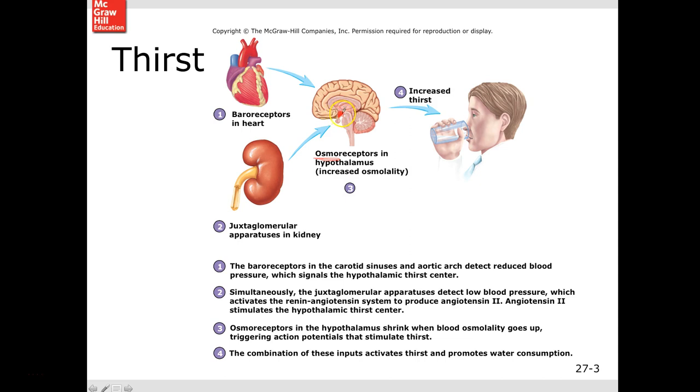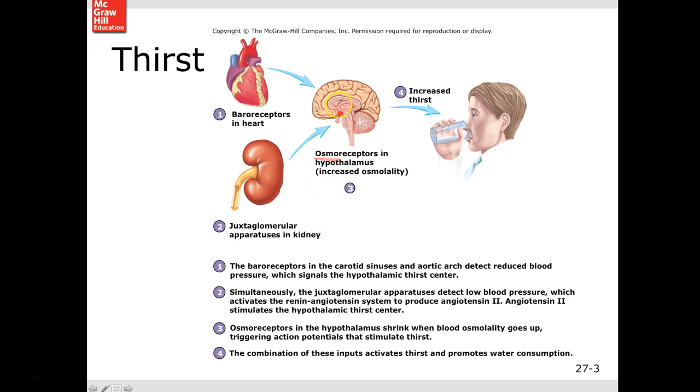And we're not only getting input from our baroreceptors within our heart, and we already talked about this in the cardiovascular system, you're going to find them within the carotid sinus and aortic sinuses, right, within the aortic arch and the carotid artery. And we're also going to get triggers from our juxtaglomerular apparatus in the kidney.